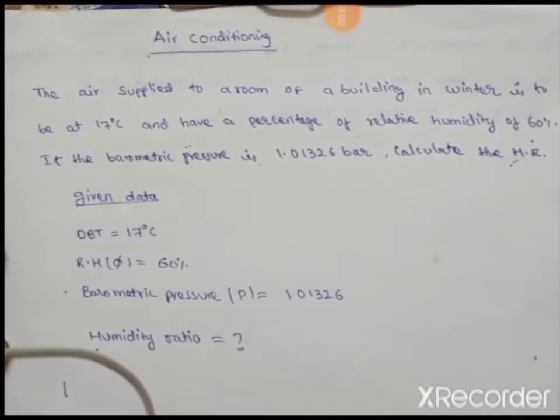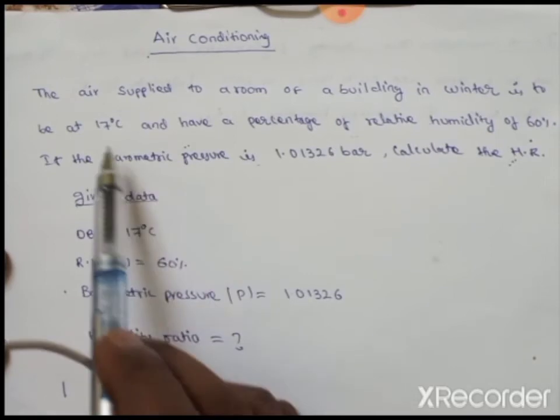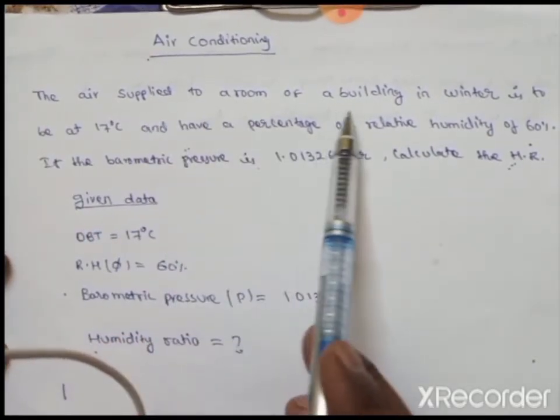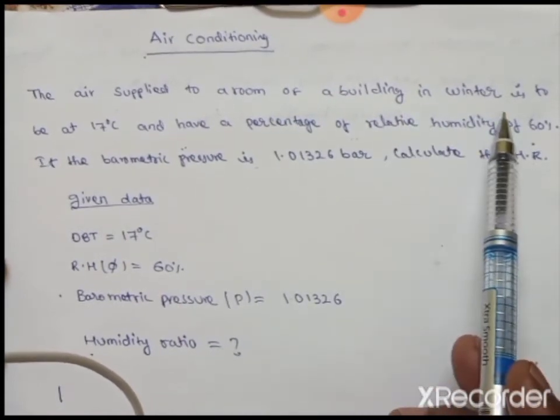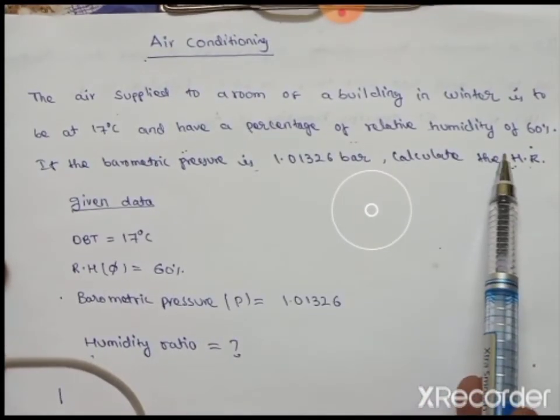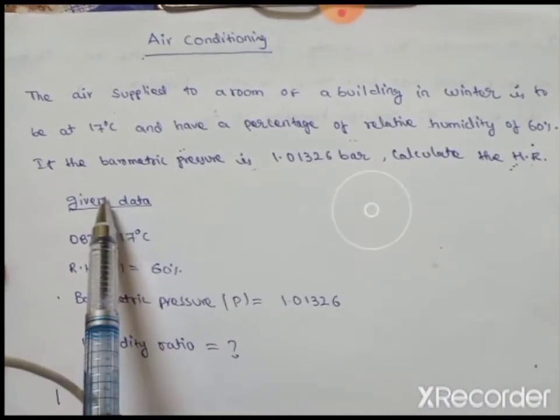Small problem on air conditioning. The air supplied to a room of a building in winter is to be at 17 degrees centigrade and have a percentage of relative humidity of 60%.